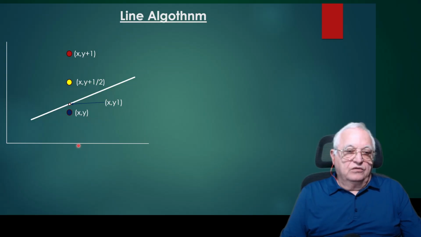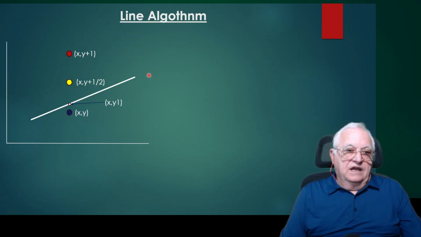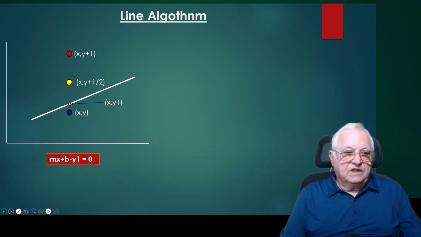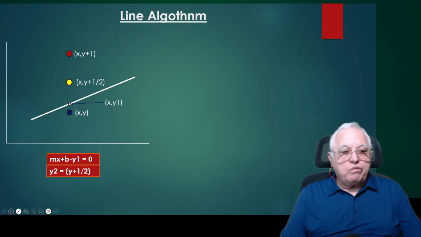Now the yellow dot is halfway between the red and the blue. The line is below the yellow dot, which is at the center, and x, y1 is a point on the line. Now the equation for the line is mx plus b minus y1.